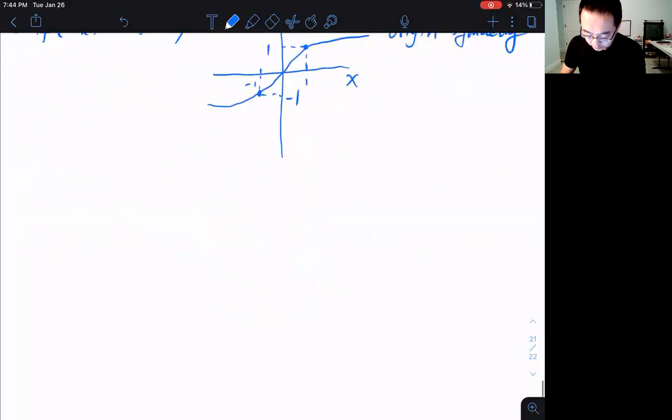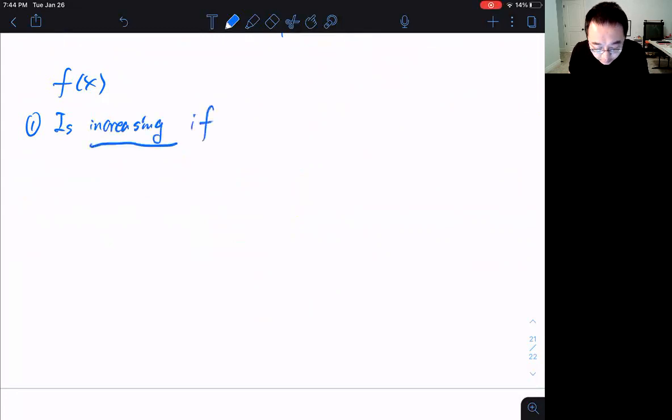Also, if you have a function f of x, you say the function f is increasing if x1 is less than x2 and also f of x1 is less than f of x2.